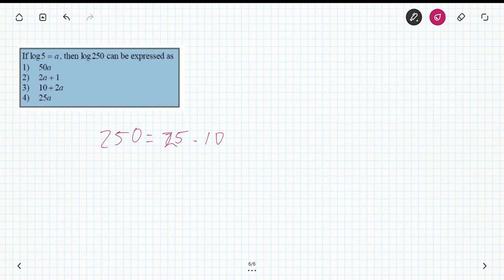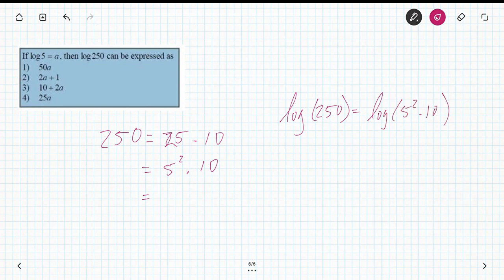Can we use our 5? Yes, we can, because 5 squared equals 25, times 10. So this will give us 250. Okay, so now let's rewrite this. Let's say that the log of 250 is also equal to the log of 5 squared times 10.